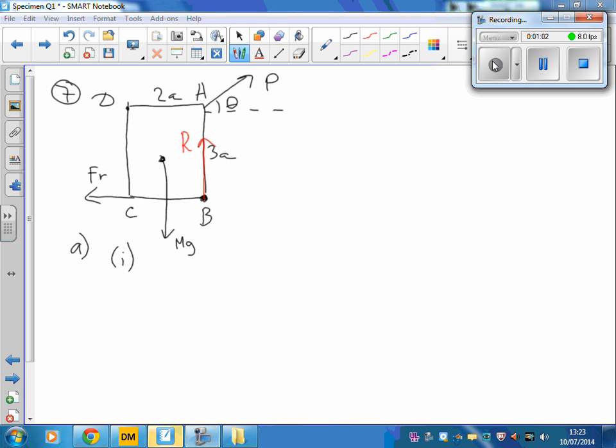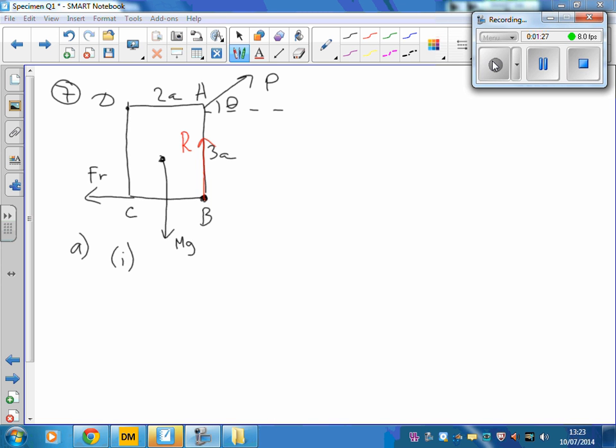Now, in order to answer this question, we have to write down the equation for the moments. We know that if the block is about to topple, the total moment of all the forces acting on this block is 0.